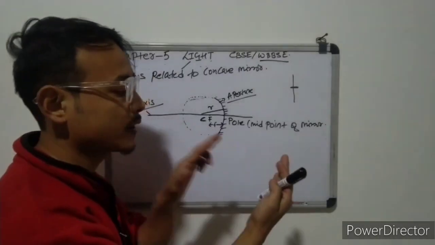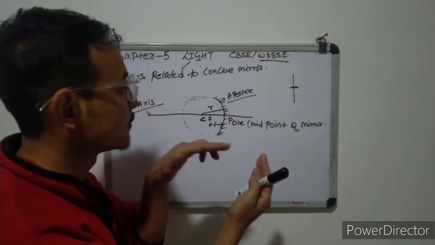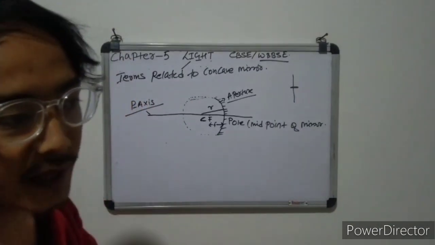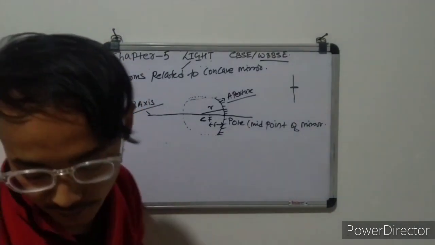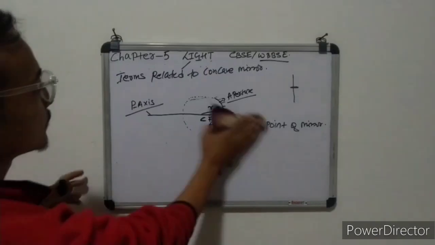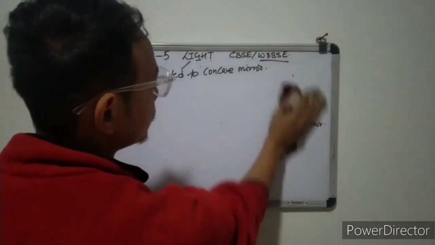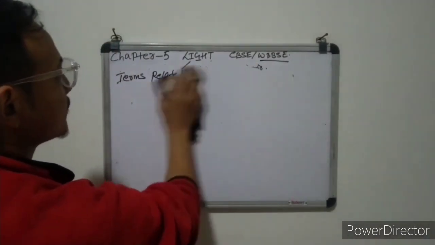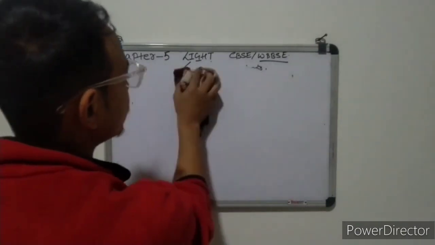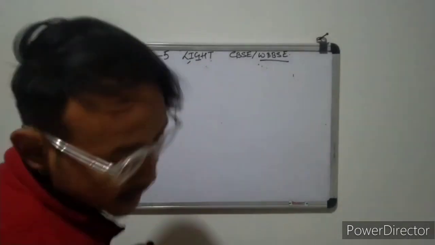The ray of light comes from here, is incident on the given mirror and is reflected back to produce an image. Now we will start with the rules for drawing ray diagrams.